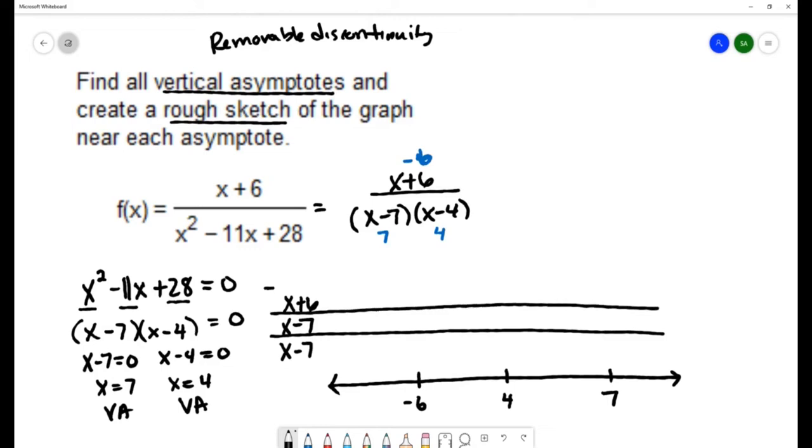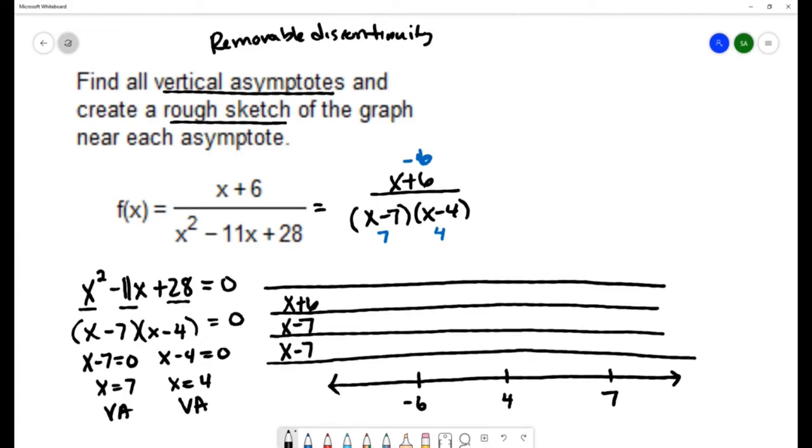The one thing about these factors is that they are all linear factors. They all have a positive slope. So when a linear factor has a positive slope, the graph will change its sign.